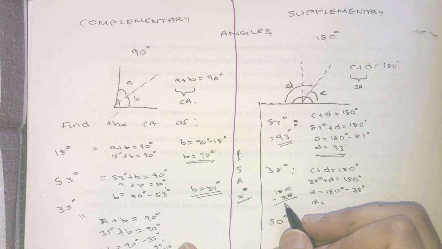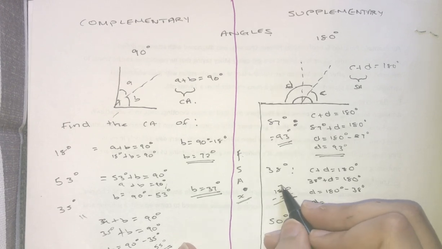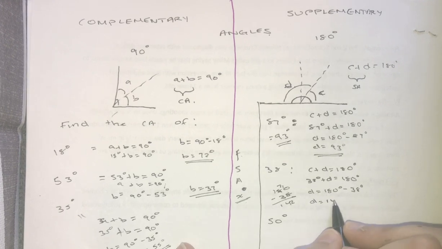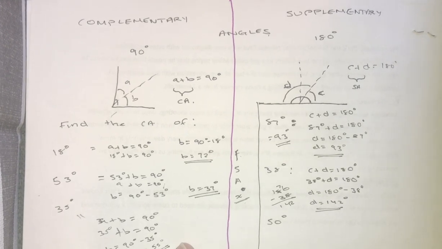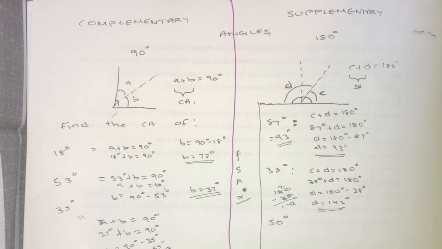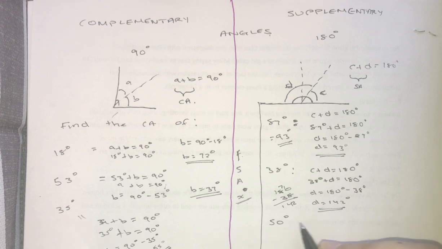I know you all know that, but I'm just emphasizing that so you don't get confused. So you're going to get 142 degrees. Okay, don't forget the symbol. That's how you get your answer. So formula, substitute, algebra, and symbol. Isn't that really easy? It is, right? Yeah, so let's go to our third example.